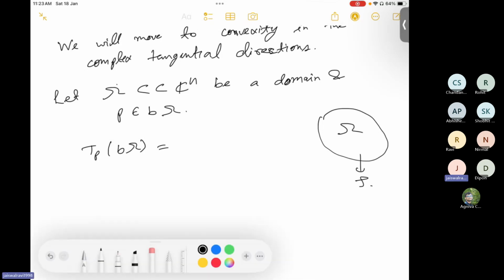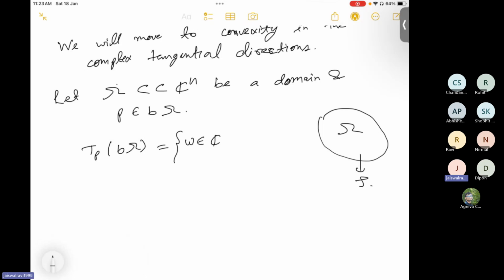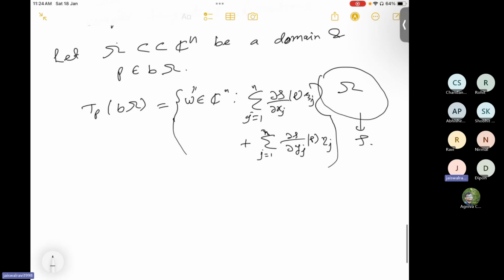Then the T_p boundary omega is those w in Cn such that the sum over j from 1 to n of del rho by del xj at p times xi j, plus the sum over j from 1 to n of del rho by del yj at p times eta j, where w is xi 1 plus iota eta 1, dot, xi n plus iota eta n. So this is the tangent space.